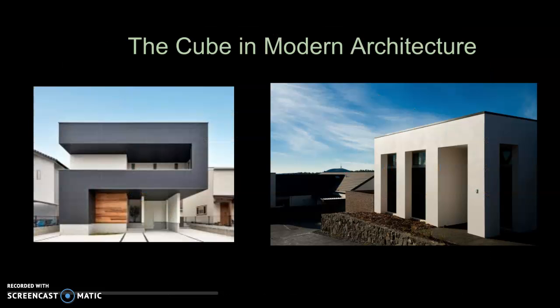And then you see the cube in modern architecture. Many modern homes that we see are very simple cube designs, sometimes with a lot of glass to provide for a lot of natural light. Some people really prefer the very simple, basic structure of the cube.